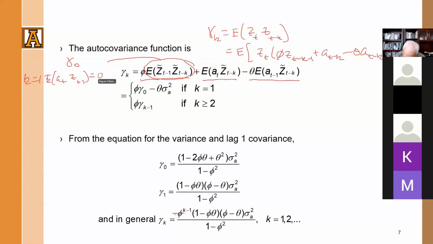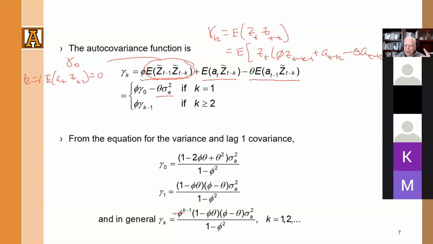And I have minus theta times expected value at minus 1 ct minus 1. The expected value of at minus 1 ct minus 1, as we saw in the previous slide, is theta times sigma squared. So for k equal to 1 it is phi gamma 0 minus theta gamma sigma squared.